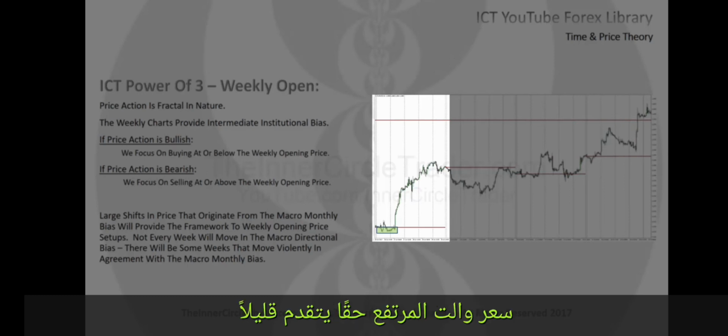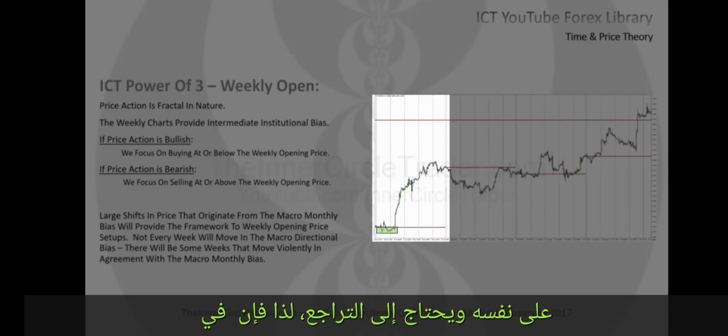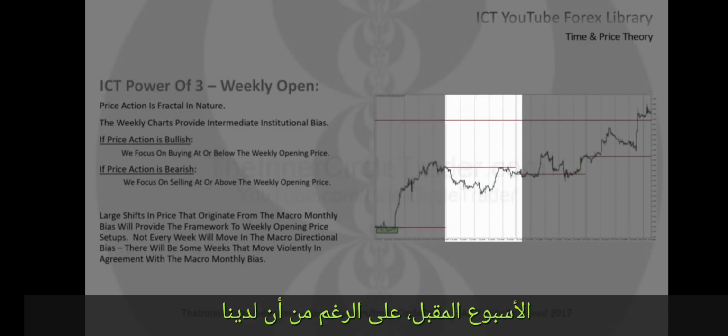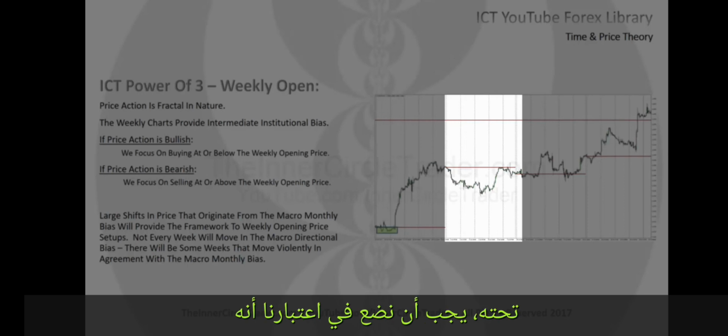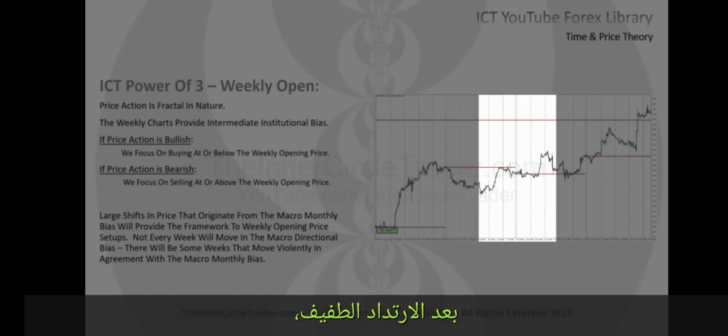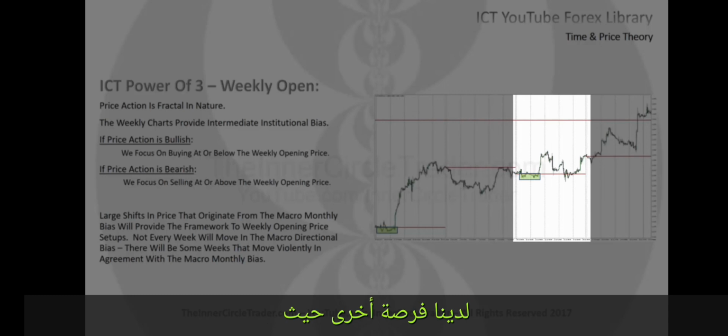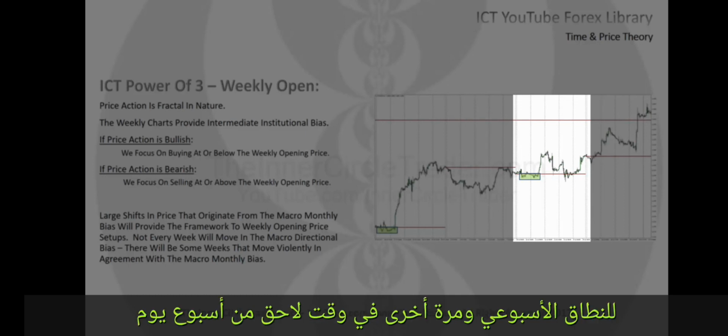Price gets a little too far ahead of itself and needs to retrace. So the next week, even though we have the weekly opening price and it does trade below it, we have to be mindful that it may be needing to retrace deeper. The following week, after a retracement and slight consolidation, we have another opportunity where price shows a willingness to show buying strength below the opening price of the weekly range.